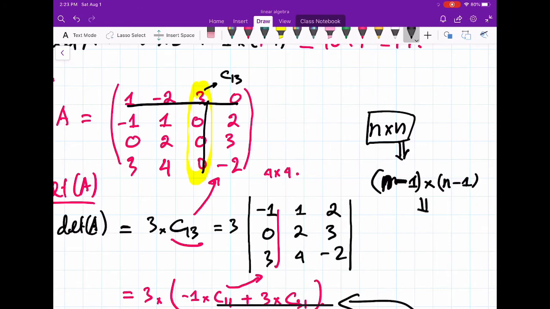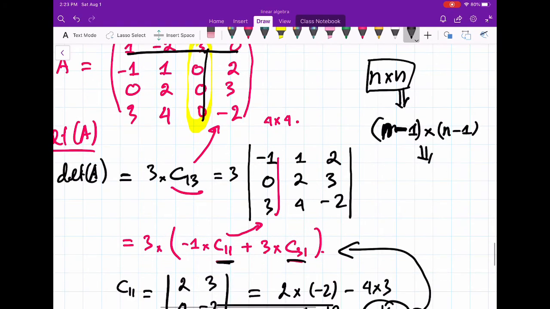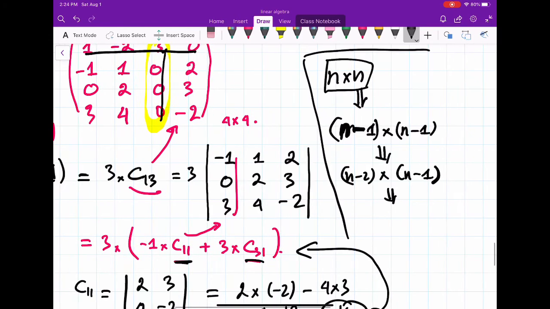And so on. You just decrease the order of the matrix, n minus 2 by n minus 2, until you get 2 by 2 or 3 by 3, whatever you want. And that's how we can find the determinant of a matrix of order n by n.